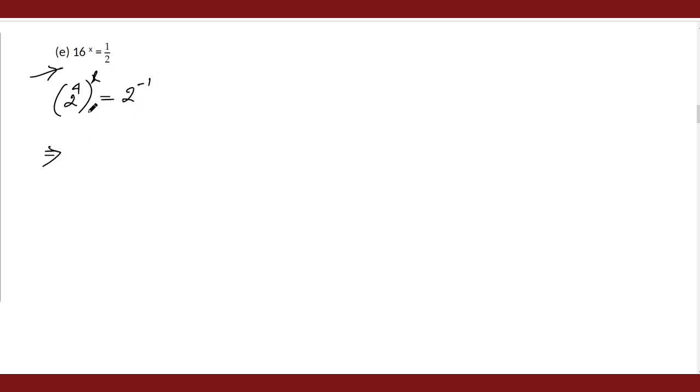From both sides, we have the same bases. So we can write 4x is equal to minus 1, and finally, we can write x is equal to minus 1 over 4. And this is our final answer.